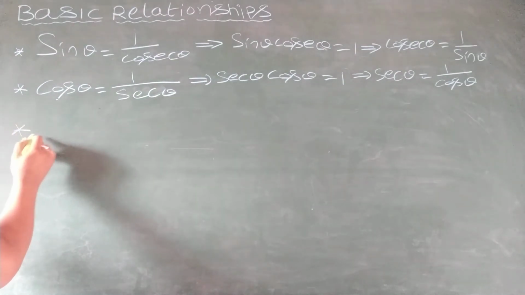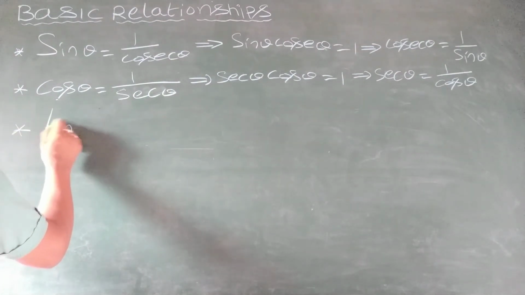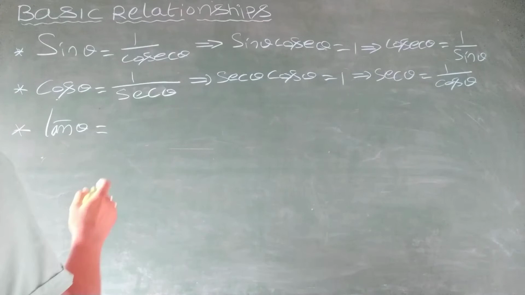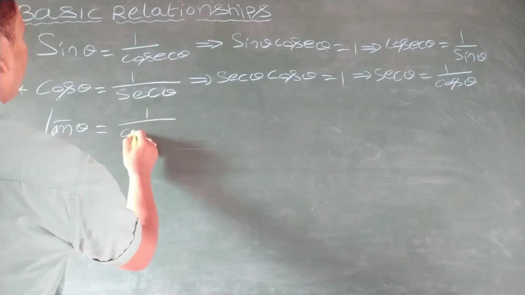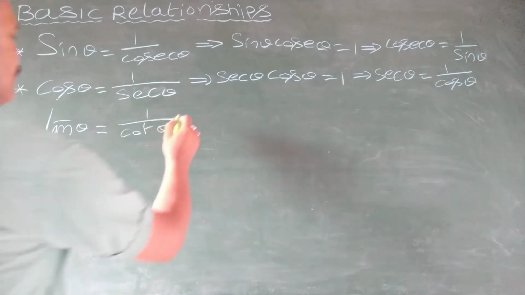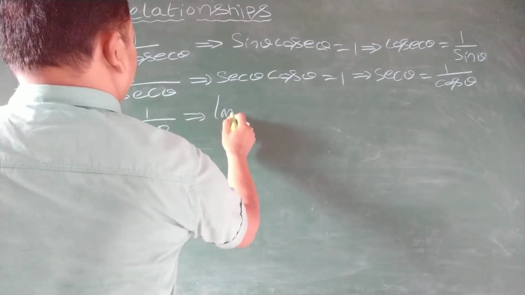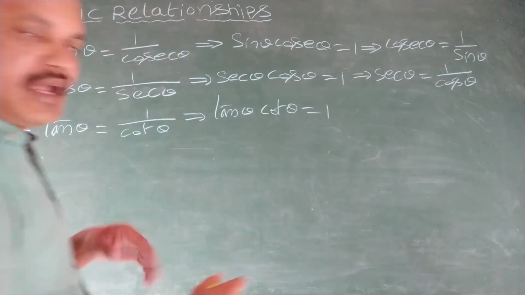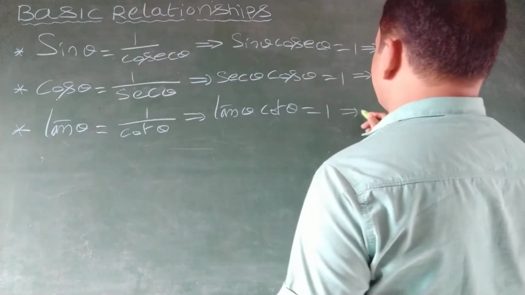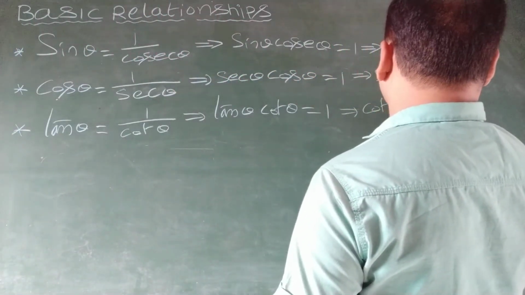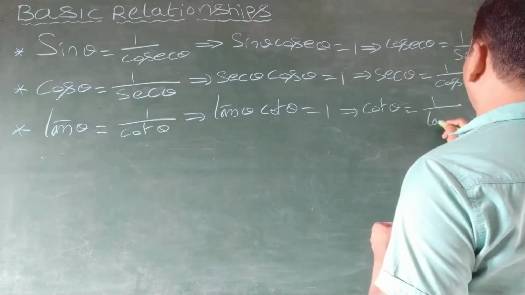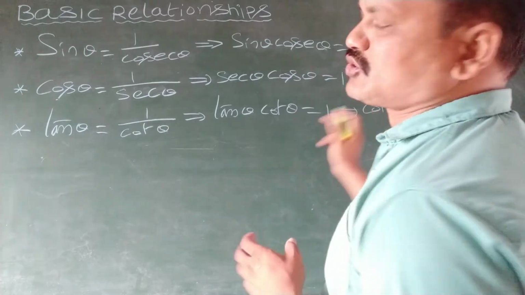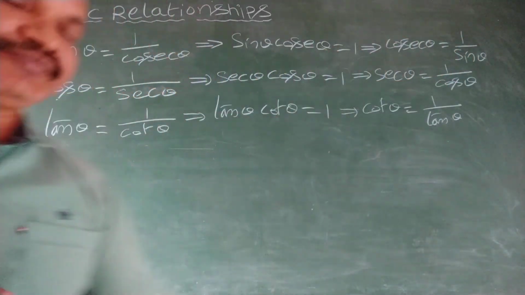Next, tan theta is equal to 1 by cot theta. From this, tan theta into cot theta is equal to 1. Again from this we can write cot theta is equal to 1 by tan theta, since these two are reciprocal to each other.